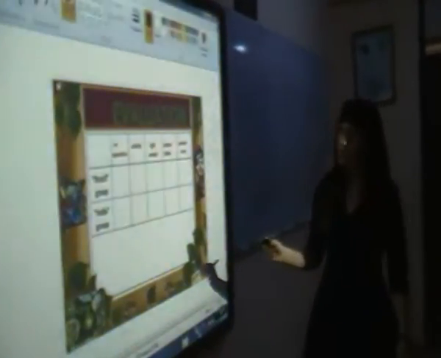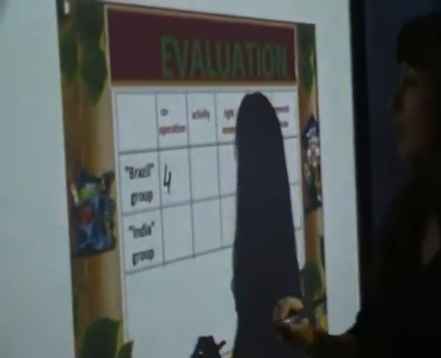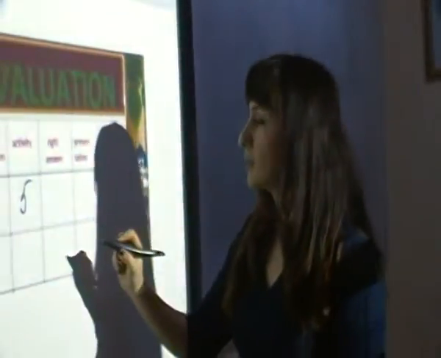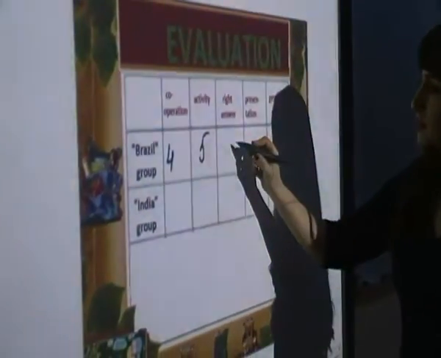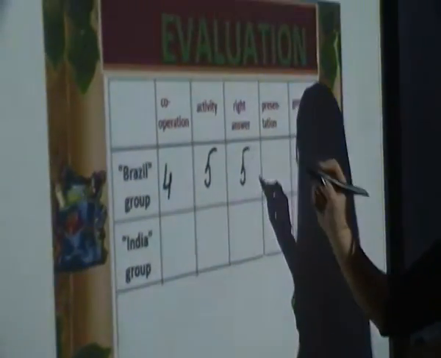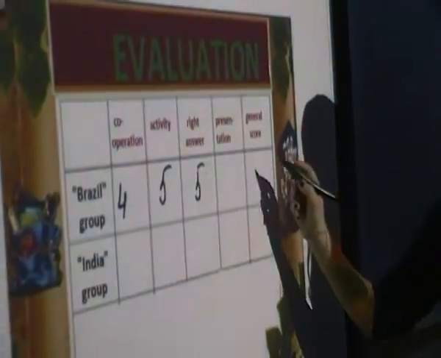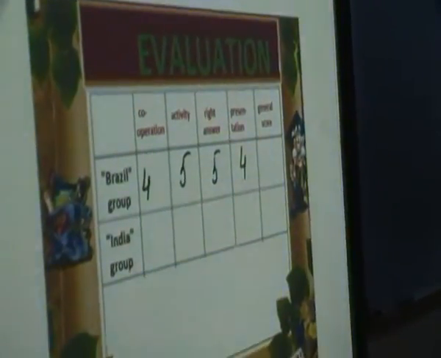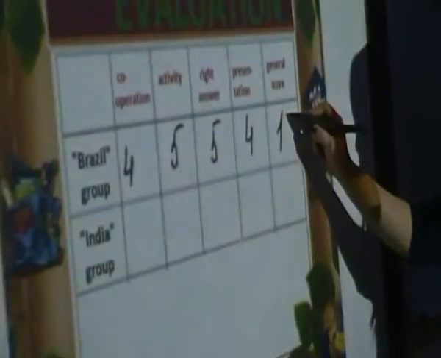Cooperation for activity 5, right answers 5, presentation 4, and your general score is 18.